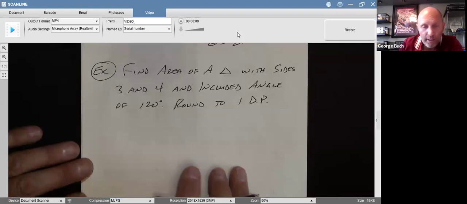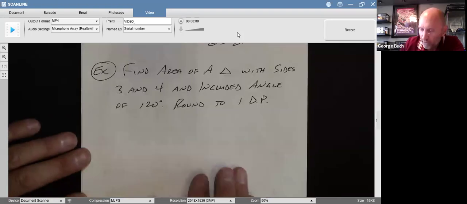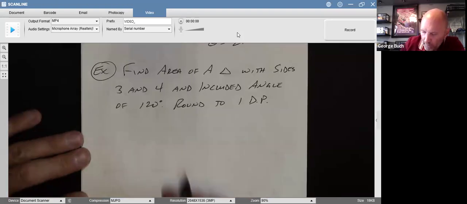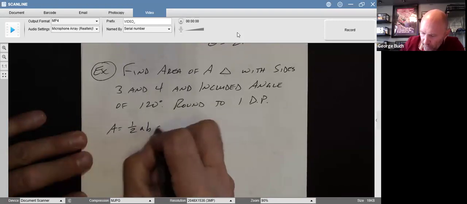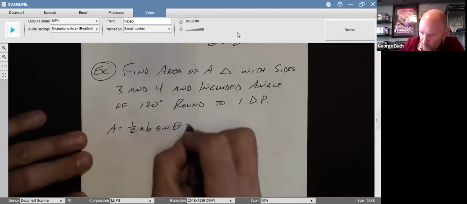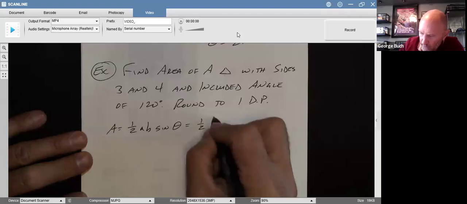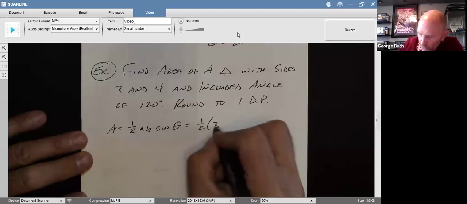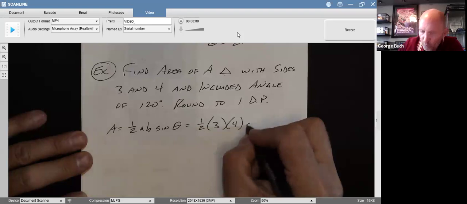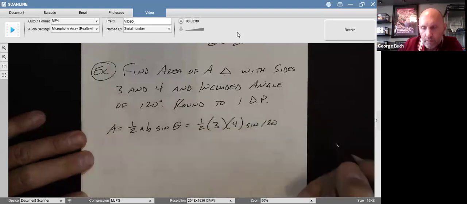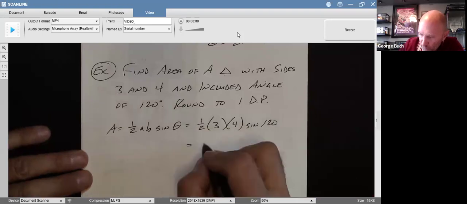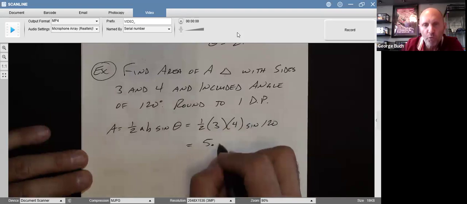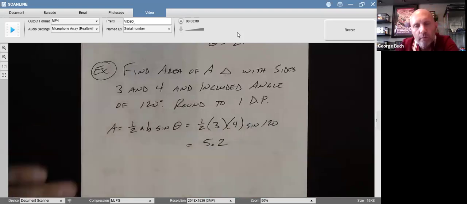So we only have one formula for area of a triangle, and that's 1/2 AB sine of theta. So in this case, it's 1/2. A is 3, B is 4, included angle is 120. So when I put this all on my calculator in degree mode, because it's 120 degrees, you should get 5.2 as your answer.